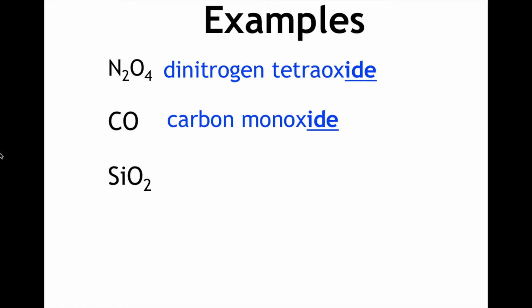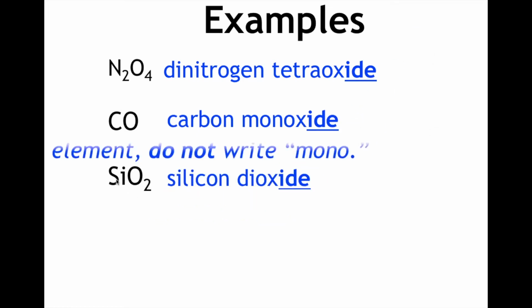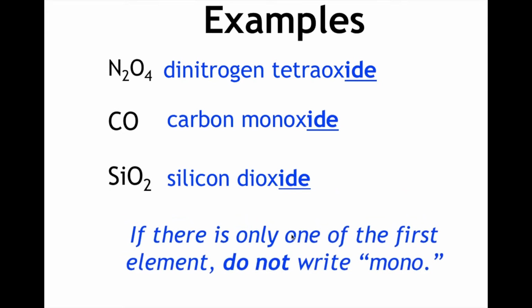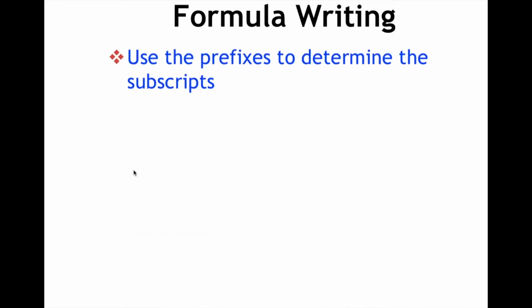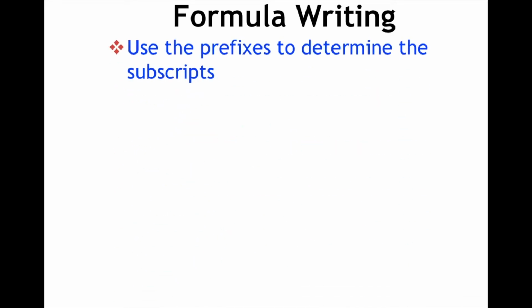Next one, it wouldn't be monosilicon, okay? It would be silicon, just silicon. There's 2 of them, so dioxide. So silicon dioxide. So if there's only one of that first element, make sure you don't write mono for it. And writing the formula, if they give you the word and you need to write the formula, so trisulfur hexafluoride.